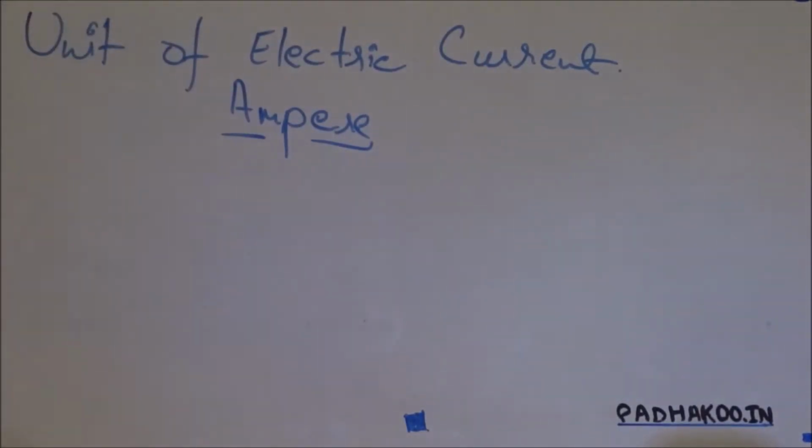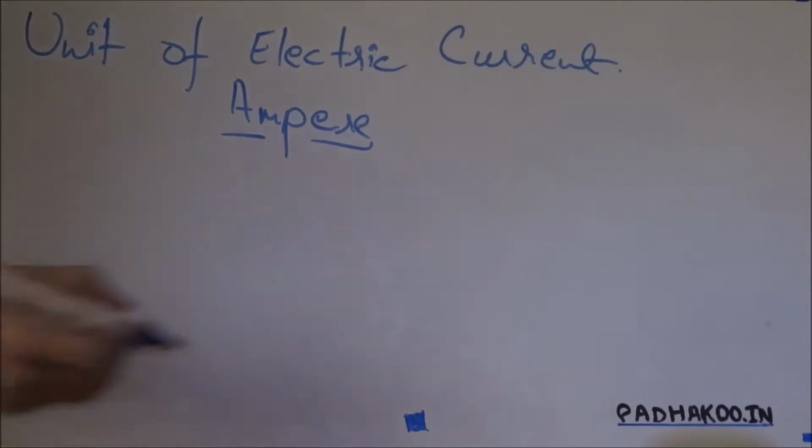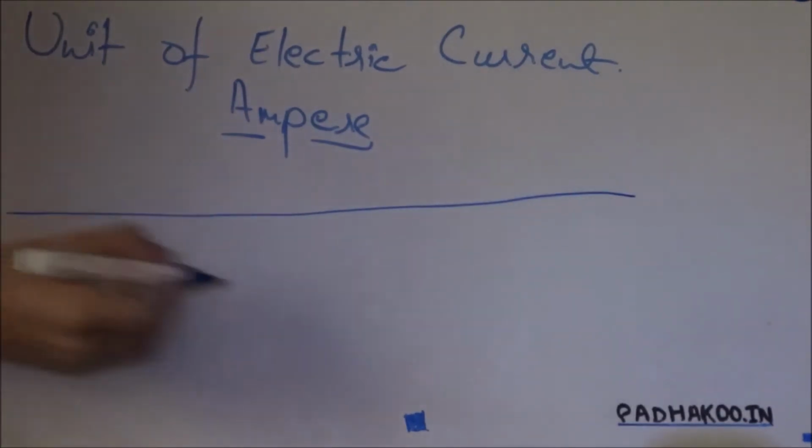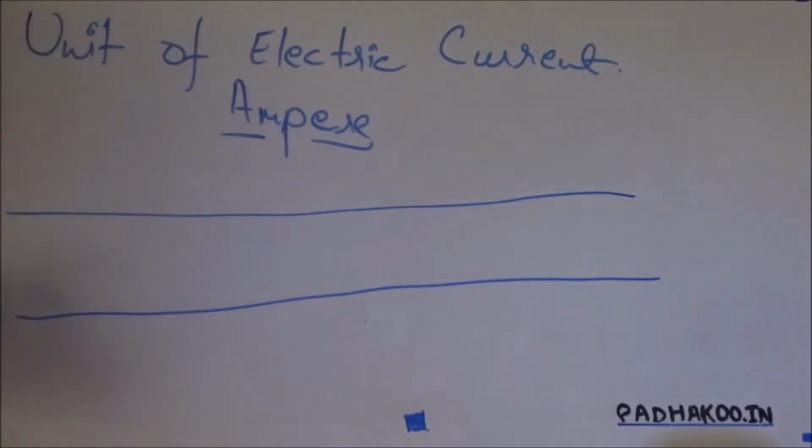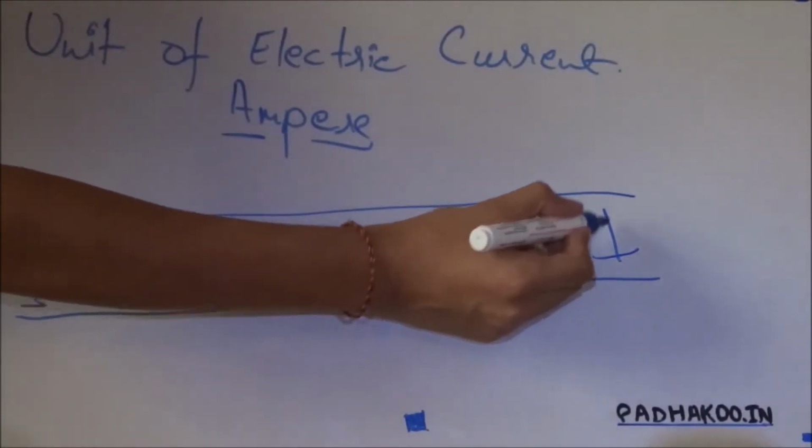Now, let's define 1 ampere. 1 ampere is the constant current which, when maintained through two straight parallel current carrying conductors, straight and parallel. This means the distance here is equal to the distance here.